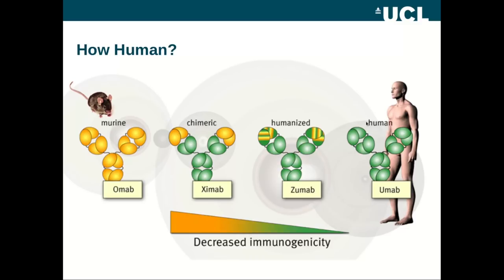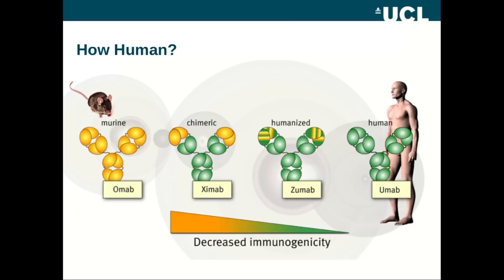And of course, the ultimate is to produce fully human antibodies. The idea, as you proceed along this scale, is that you're going to decrease the chance of this antibody-based drug raising an immune response against the drug.